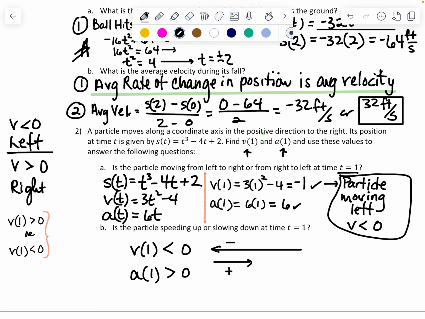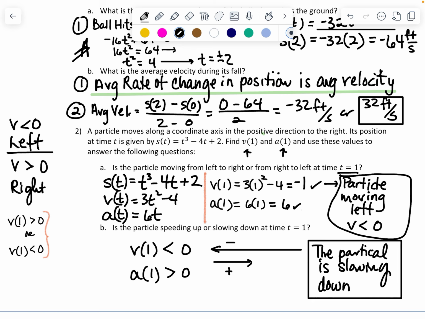So you can see it's like putting the brakes on. So your acceleration is a force that's working against the velocity, okay? So right now you could say the particle is slowing down. And this is because acceleration and velocity have opposite signs.